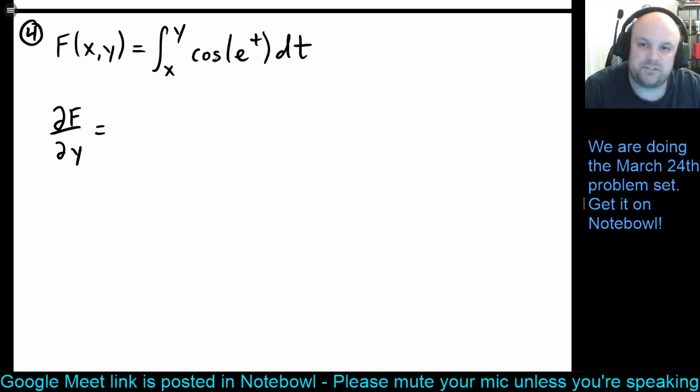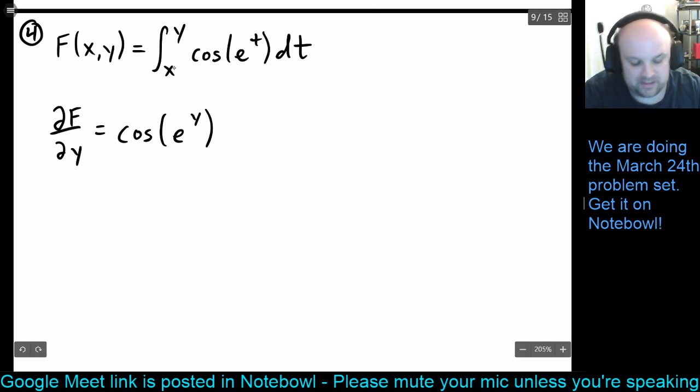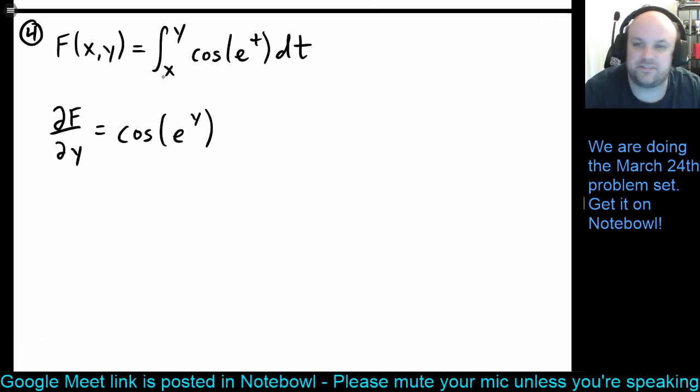Fundamental theorem of calculus says if you have your variable up here and a constant down here, then when you take the derivative, you just take this variable and plug it in there. That's it. So this is cosine e to the y, because x is a constant as far as y is concerned.